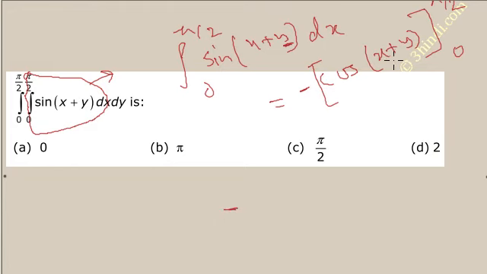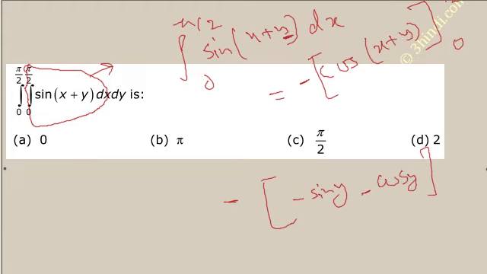If you put pi by 2 here first, you will get minus cos of y plus 90 degrees, which is minus sine y. So minus of minus sine y, and then if you put 0 here, minus cos y.